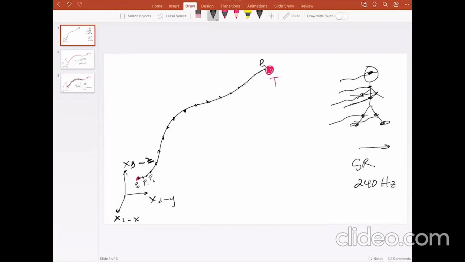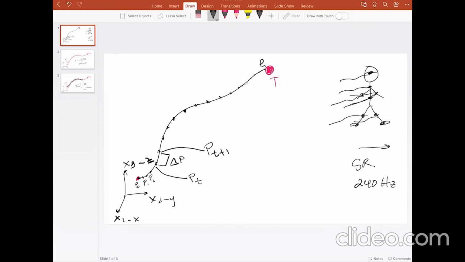Every time you take a step, it happens in an interval of time and also in an interval of space, which we would call delta P, and that would be the difference between this point P at time t and this point P at time t plus 1. And so that's a representation that is time dependent.